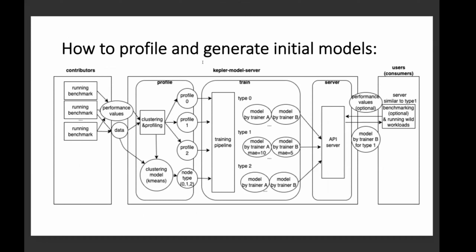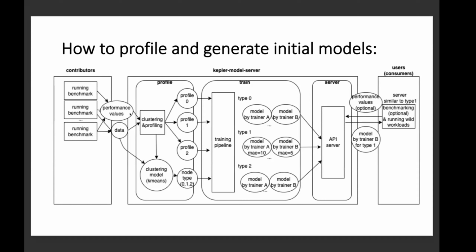For the first step, how we profile or generate the model: we are supposed to have some contributors running a benchmark, and we get some values from the benchmark, which we call performance values. For example, this can be iterations per second or read-write capabilities of that system. And we will get the data.